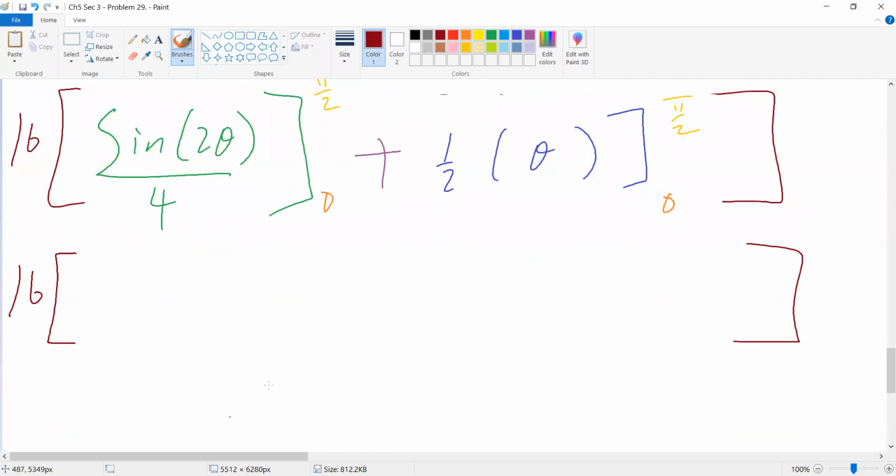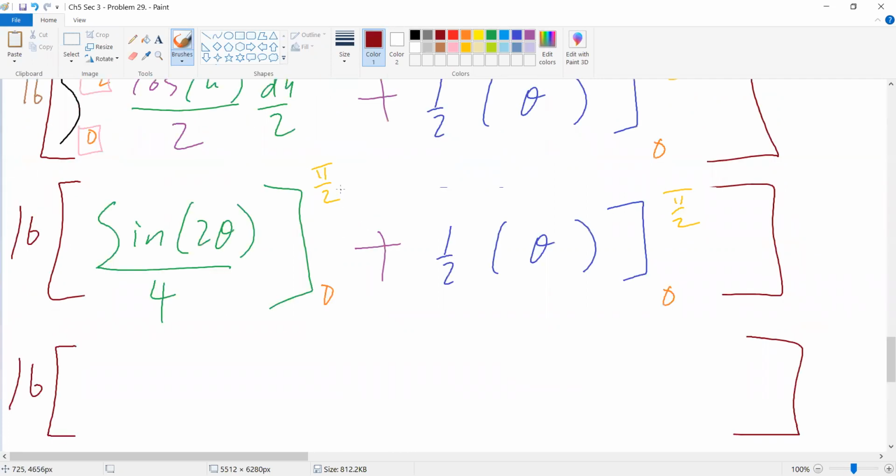So I don't have to worry about zeros, right? The sine of 0 is just 0. I just really have to worry about our pi over 2. So I have sine of 2 times our pi over 2 all over 4. And then I have to add this statement over here.